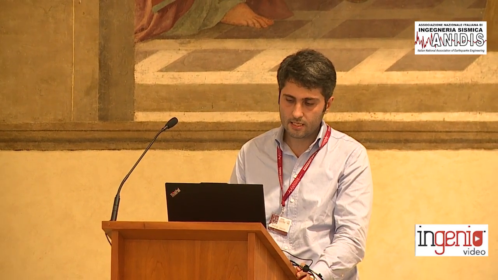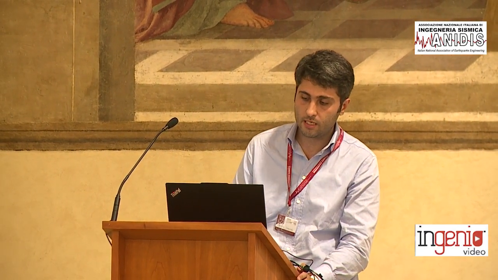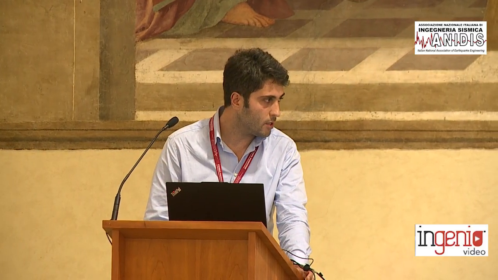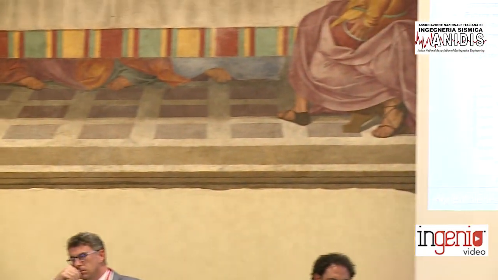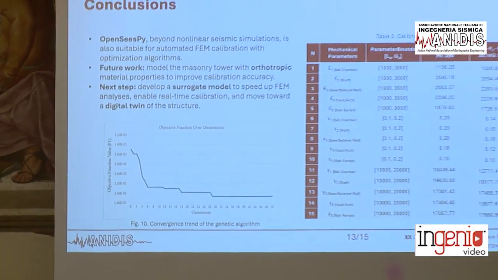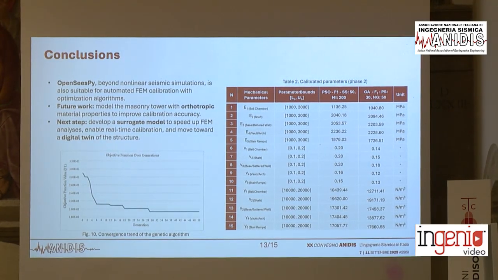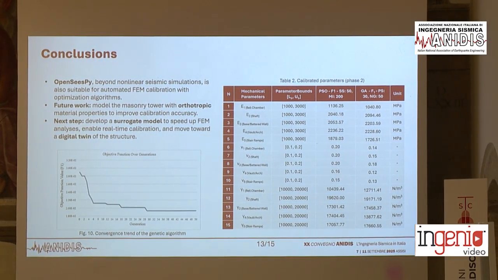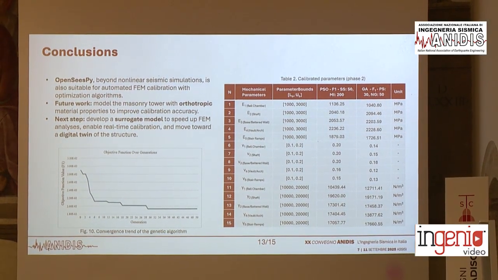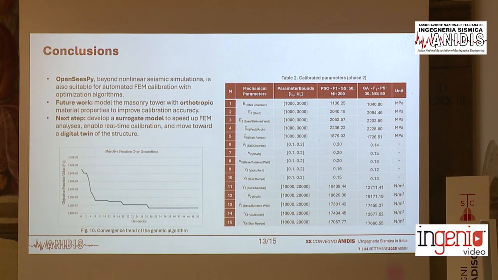The next stage of our research is utilizing orthotropic material, because we can add more constraints to the problem, and also to increase the quality and speed of the convergence and the analysis, we are trying to use a surrogate model for quicker analysis, going towards a digital twin of the model updating.